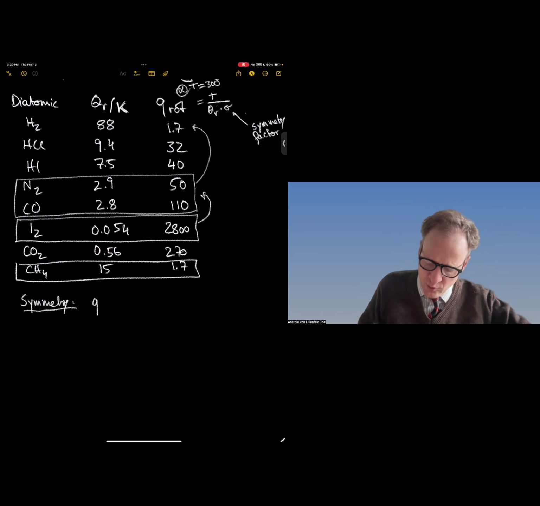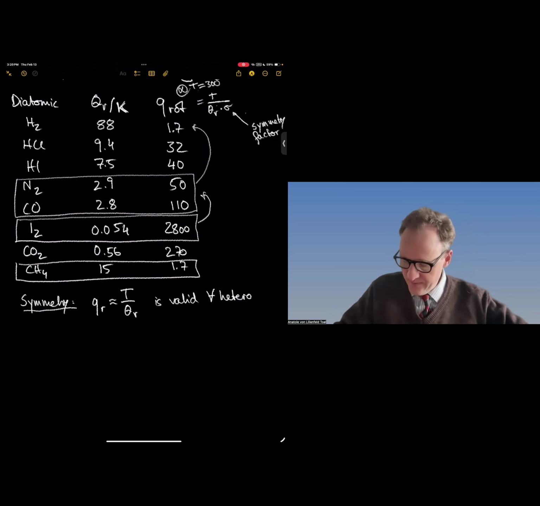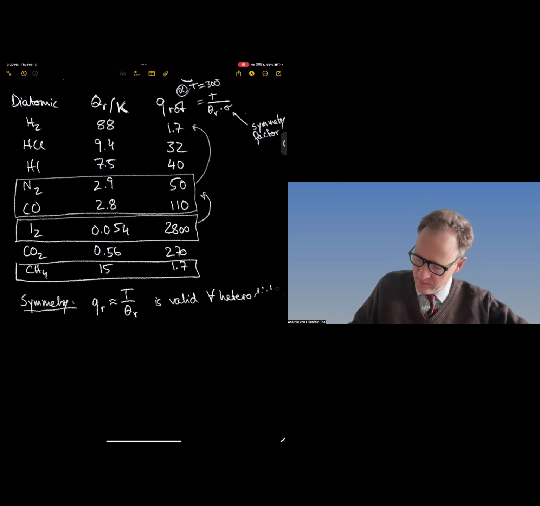Q rot, corresponding, roughly speaking, to T over tau R, is valid for all heterodiatomics.